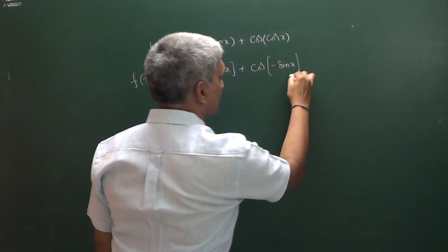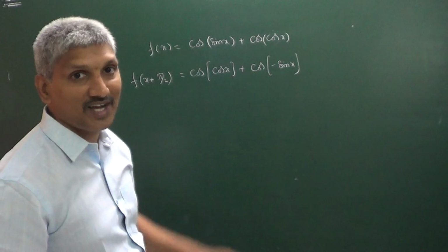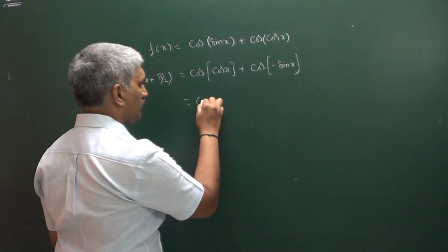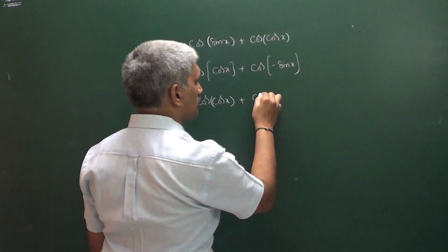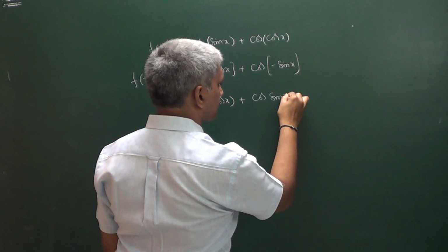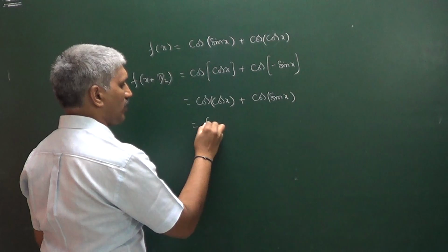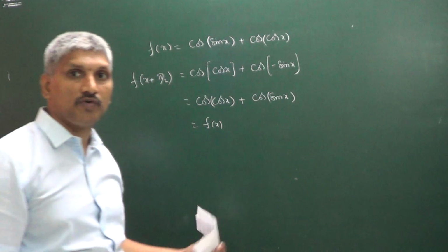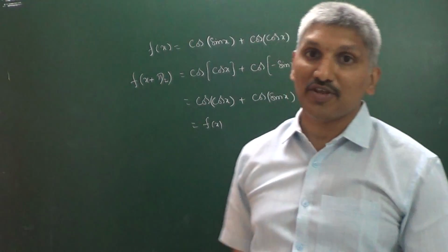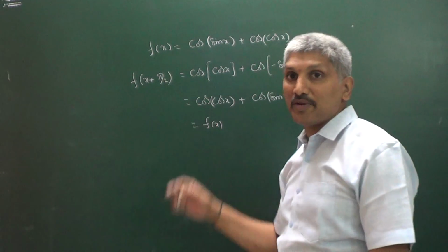That is the reason, because cos(−θ) becomes cos θ. This one we are getting as cos(cos x) plus cos(sin x). Now we got f(x) only. So f(x + π/2) we got f(x). So we can say the given function is a periodic function with the period π/2.